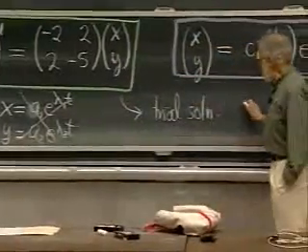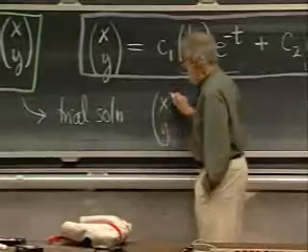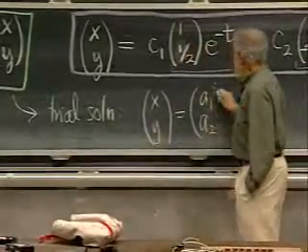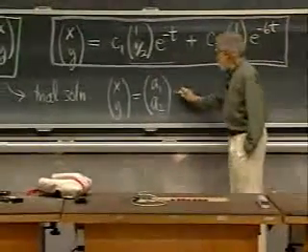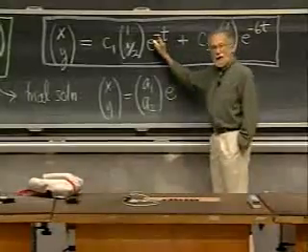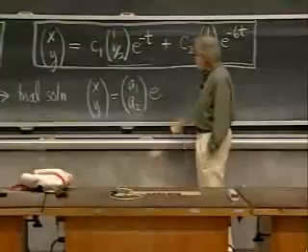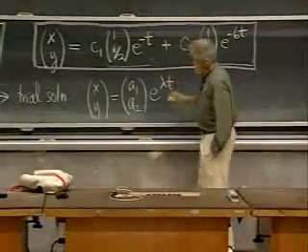And so the way to write the trial solution is x, y equals a column vector of two unknown numbers, times e to a single unknown exponent, let's call it lambda t.